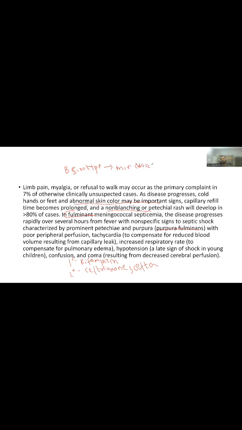Meningococcal conjugate vaccine does not cover the B serotype, and this B serotype causes the most fulminant, most dangerous disease, and this is associated with huge endemics. Meningococcemia is associated with huge endemics of meningitis because it is very easily spread by the aerosol route. And typically, it has been said that it is seen in patients who go on Hajj.